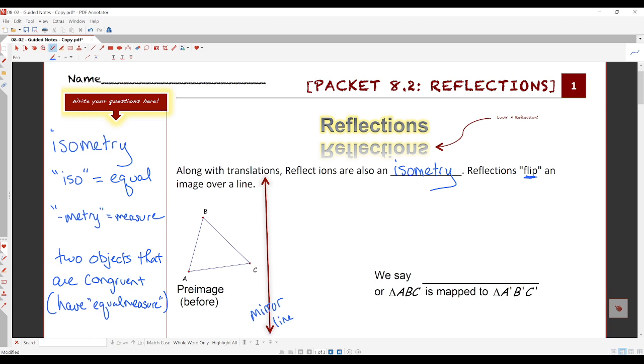So look at this. Look how far away C is from that line. Put C prime about the same distance on the other side. Look at how far A is away from the line, and put A prime about the same distance away on the other side.